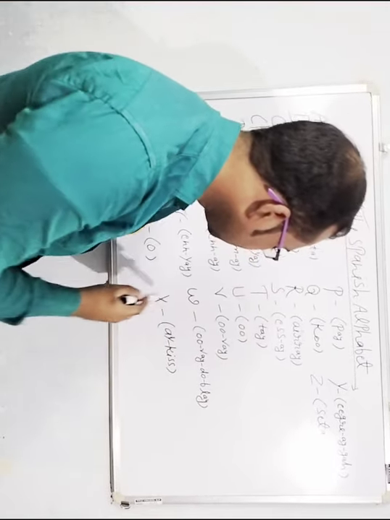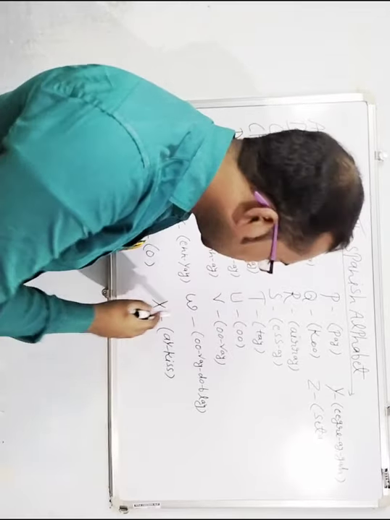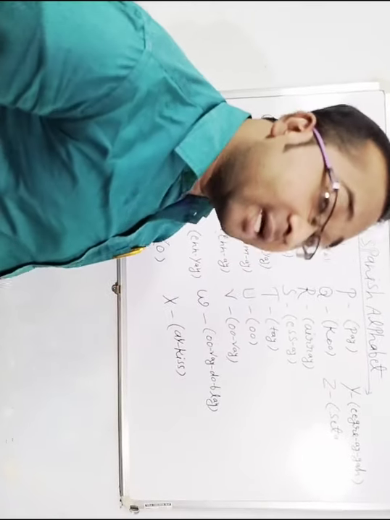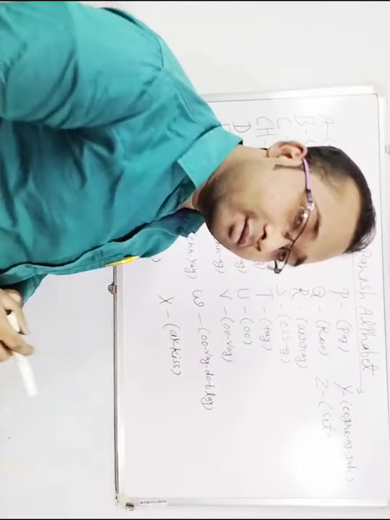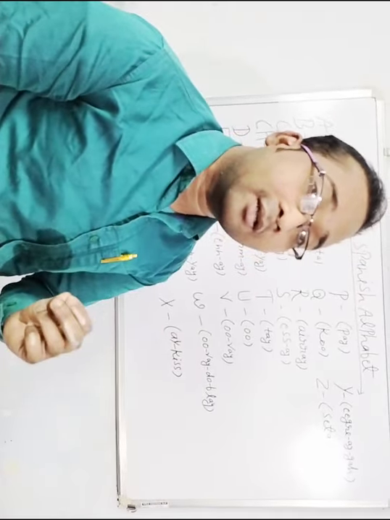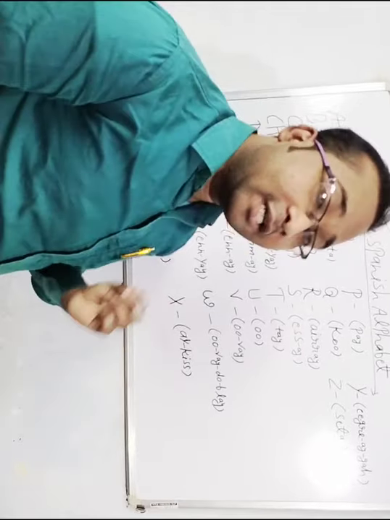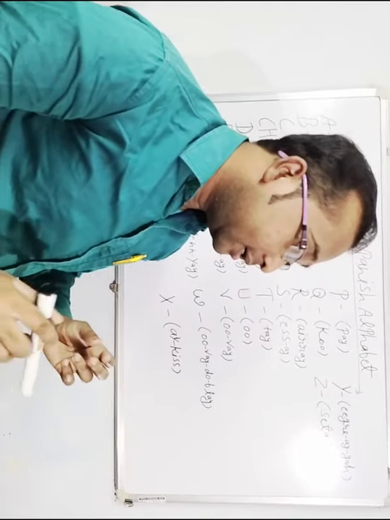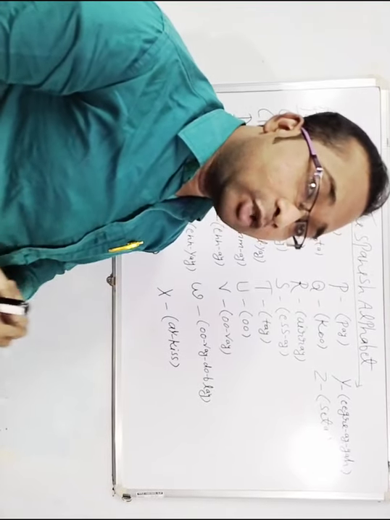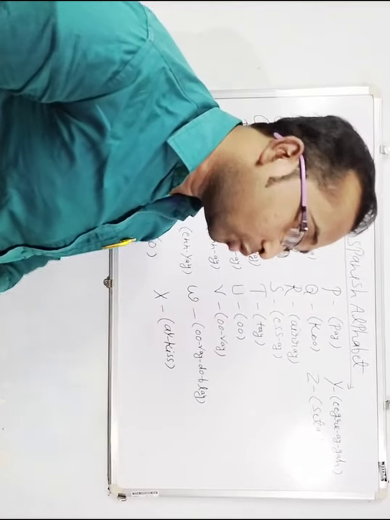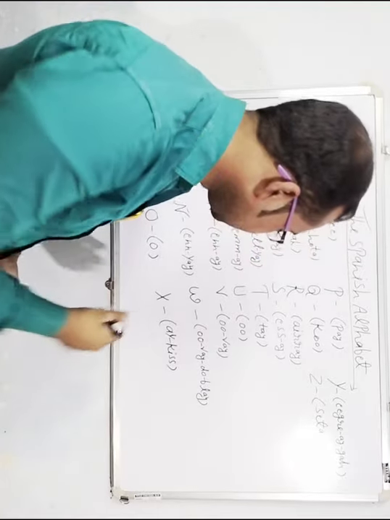And next, W. W is pronounced in Spanish language ue doble. That is a very interesting letter. Now pay attention to how to pronounce it. Very clearly you have to pay attention to what I am saying to you, what I am pronouncing.